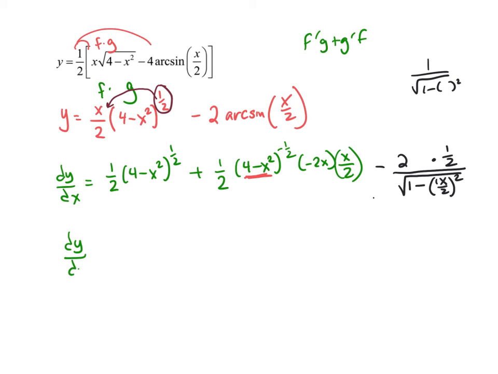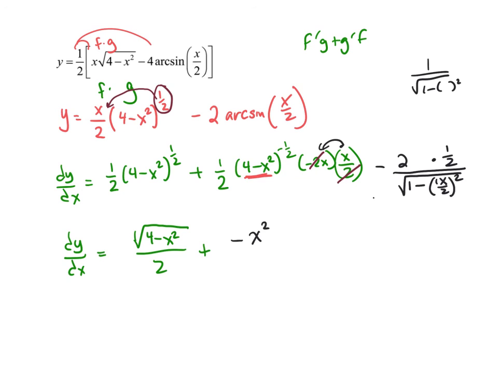So dy dx equals, let's just kind of write it out. So we have square root of 4 minus x squared over 2, because I just turned the half back into a square root. Now this one's a little trickier. So I can cross out these 2's. So I see I have negative x squared because I have these two x's multiplied together. So I have minus x squared.